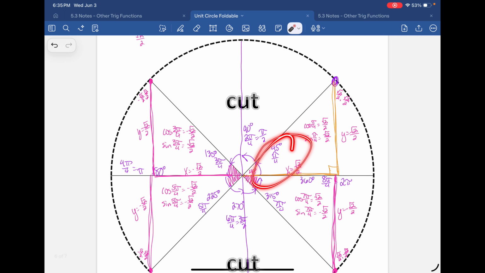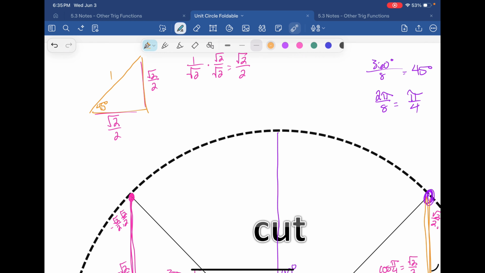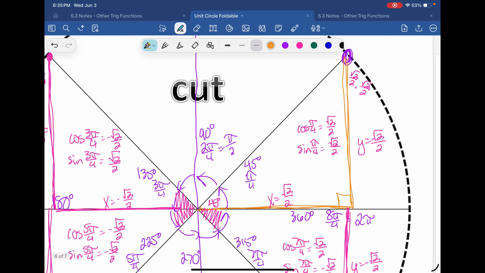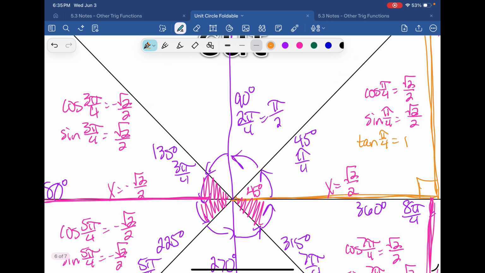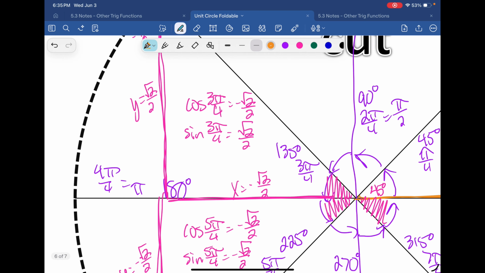And these are our pi over 4 angles. So tangent pi over 4, y over x. Tangent pi over 4 is 1 because the x and y are the same. We'll now move on to quadrant 2.